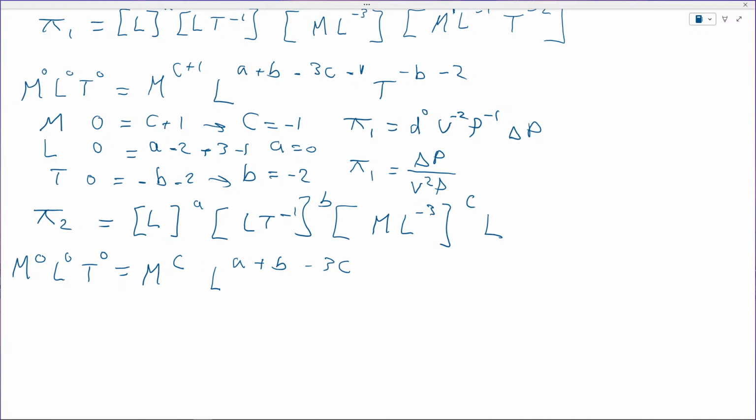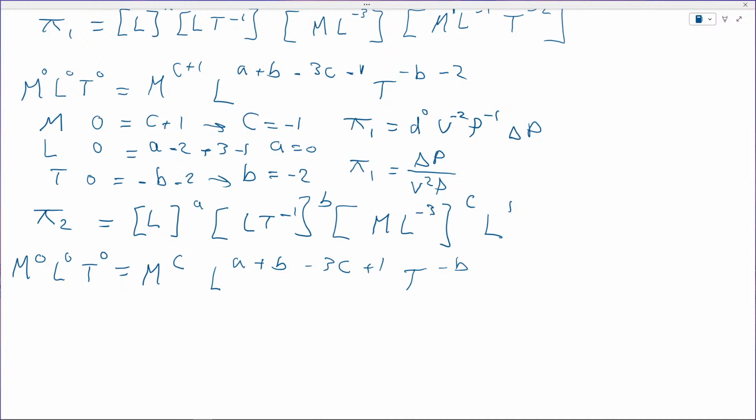Would I have another one? Plus 1 here. So here I have an L, a guy hiding here, plus 1. So pay attention, make sure not to miss anything. I was about to miss this one. And then you have T, that would be minus B. You see here, that needs to be 0 and that needs to be 0.